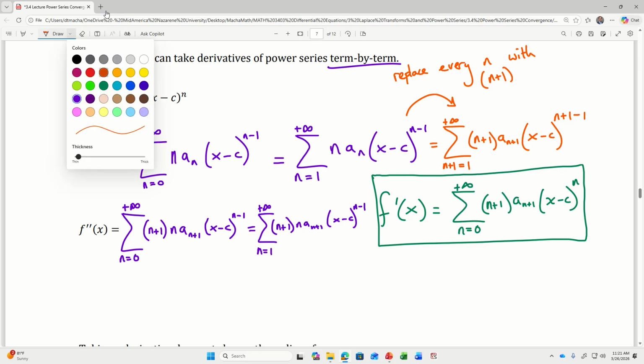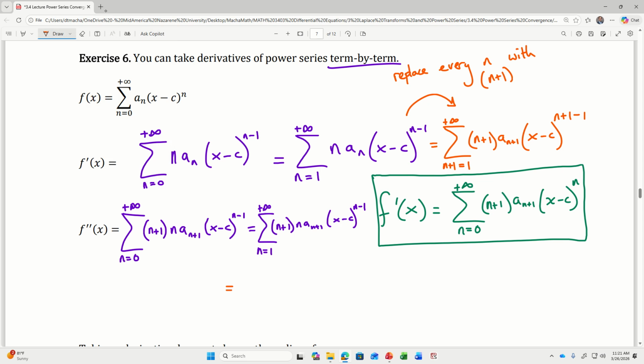And then the next step is going to be doing in orange exactly what we did in orange above. We're going to replace every n with n plus 1. So I'll write n plus 1 equals 1.